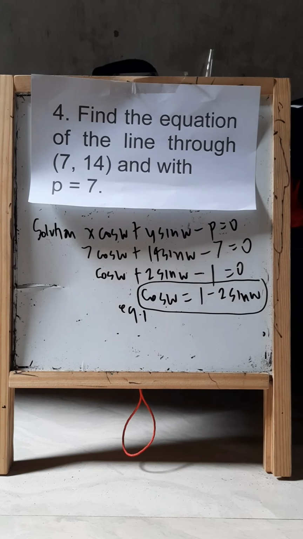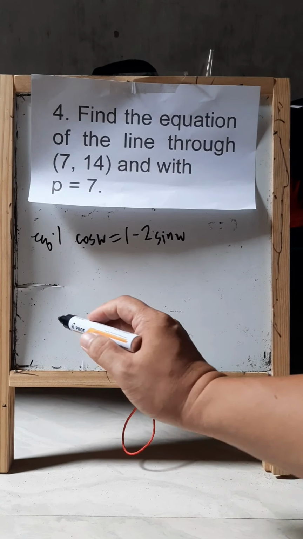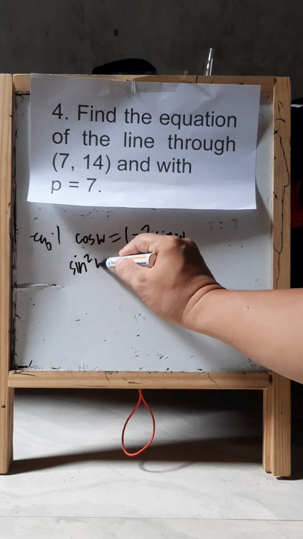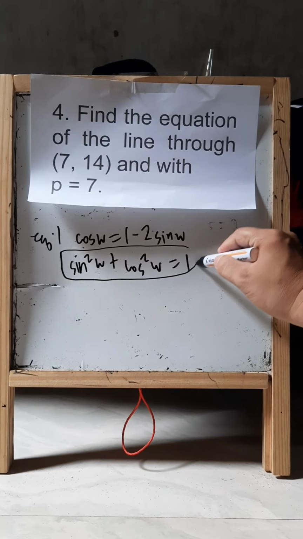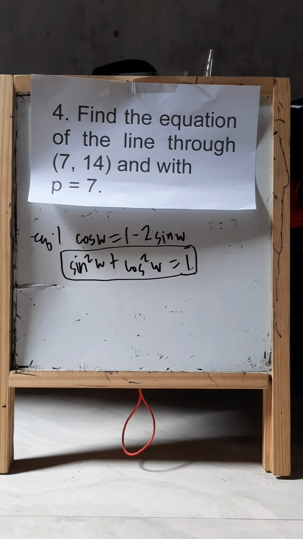Okay, so from this equation 1, let us solve for the values of sine and cosine. And from that, we will be able to determine its equation. So the next step is, from equation 1, we're going to substitute this into the trigonometric identity sine squared w plus cosine squared w equals 1. This is a trigonometric identity, which is true for all w.